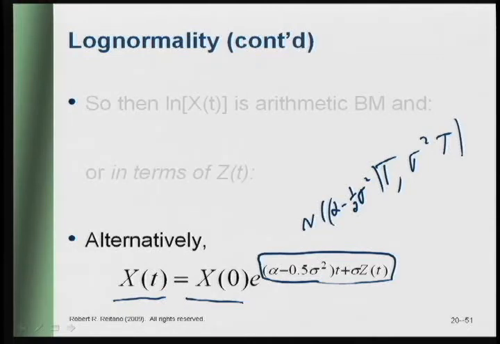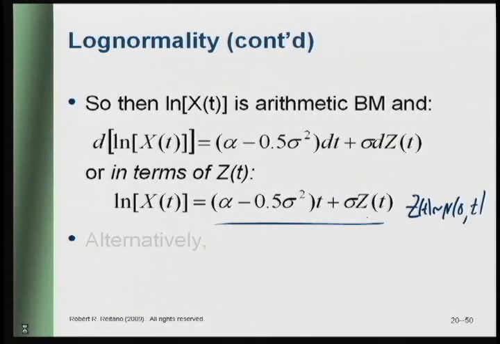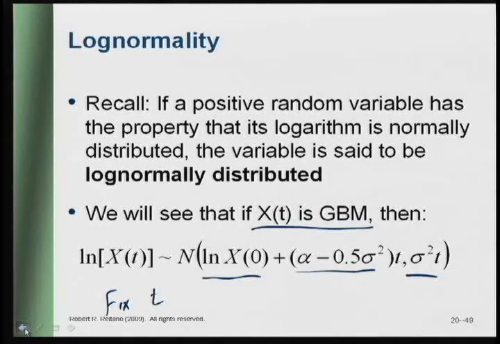It's important that you go through the sequence of steps. The one that is perhaps the most complicated is the very first one, which is to say, why does geometric Brownian motion imply this? This is the mystery.